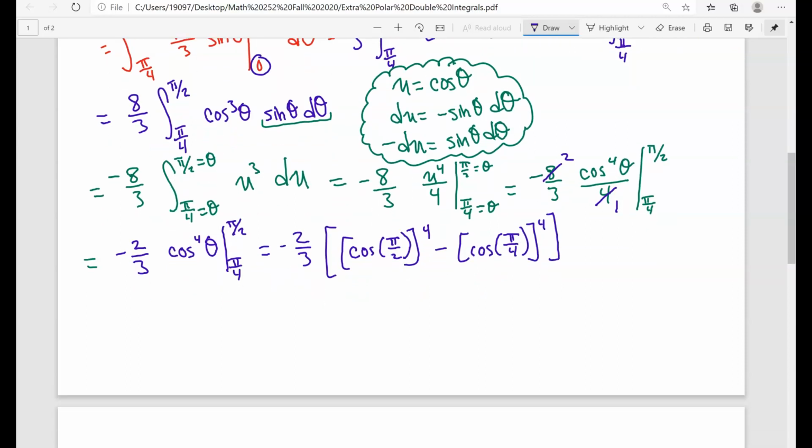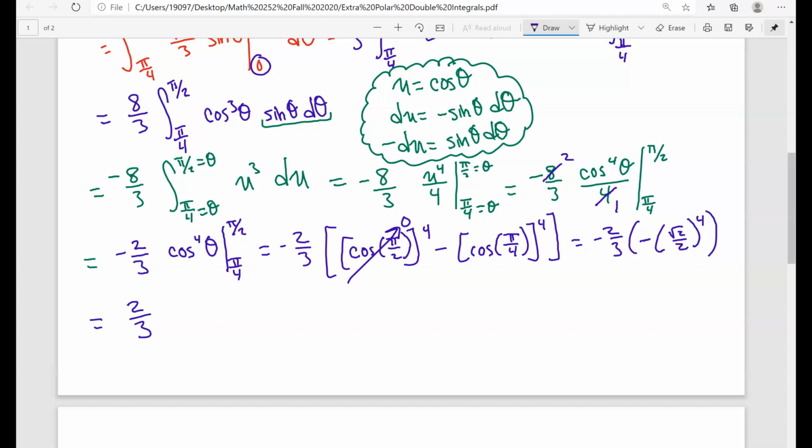We know that the cosine of pi over 2 is just going to be 0. And cosine of pi over 4 is going to be square root of 2 over 2. If I bring it up to the power of 4, so we have negative 2/3, then a negative outside, then the square root of 2 over 2 to the power of 4. This negative and this negative become a positive, so you just have 2/3.